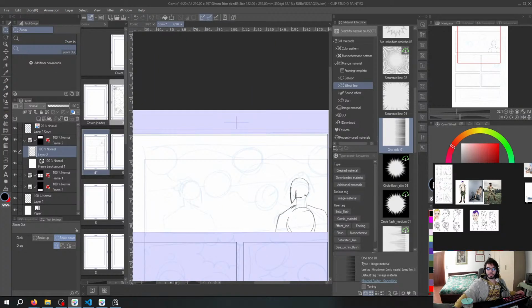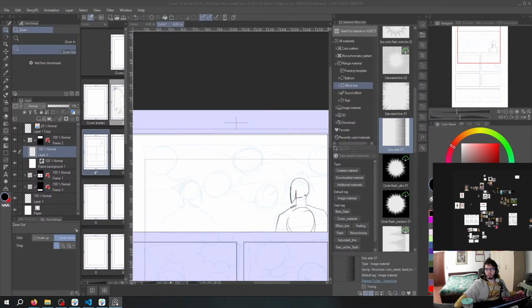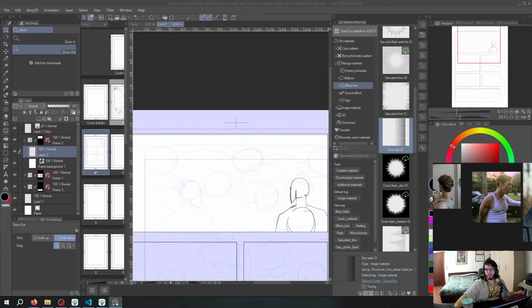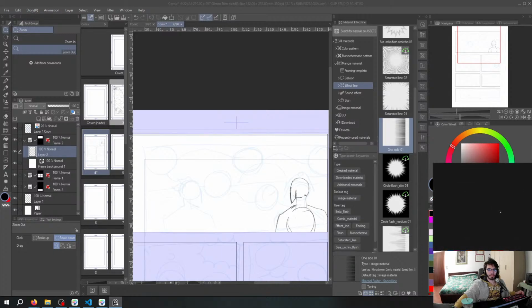Okay, I need a reference from behind. Do I have something here? Yeah, this is like side behind. I need behind. Gonna have to get a picture of myself.